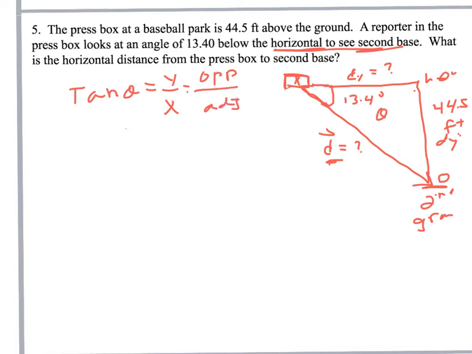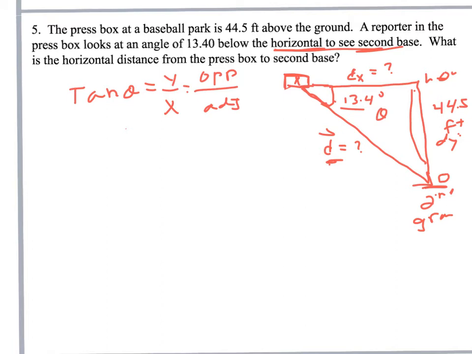We know our angle is 13.4, and the opposite side of the angle is the y value. Then we don't know what x is. We don't know that component right there. So we don't know the d sub x.